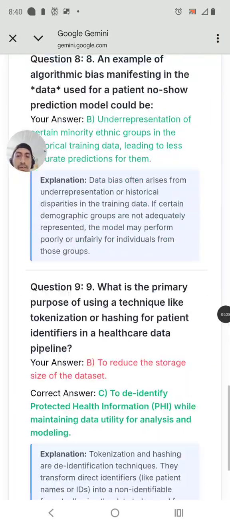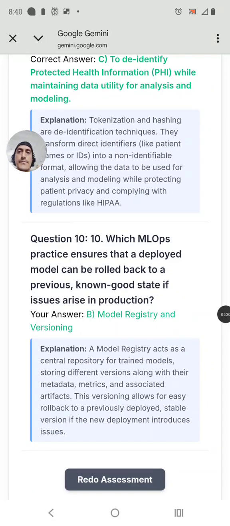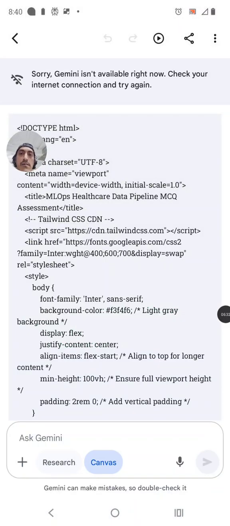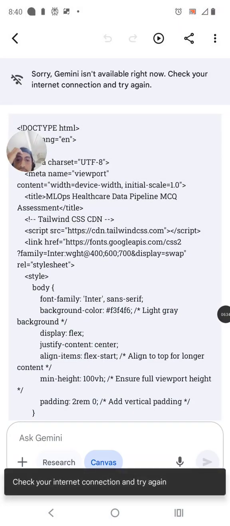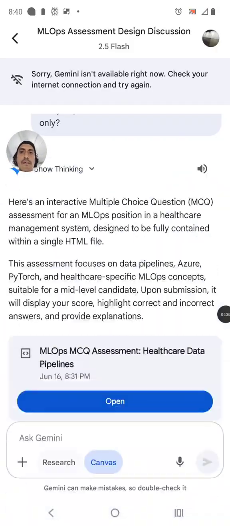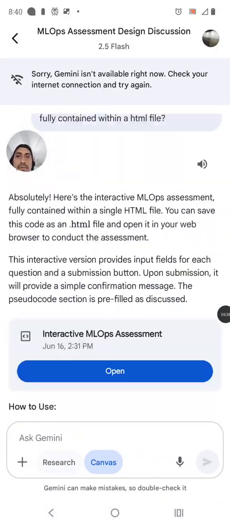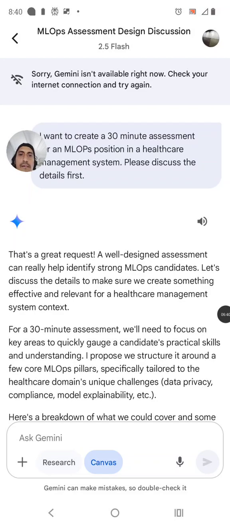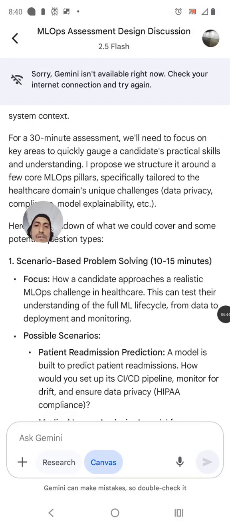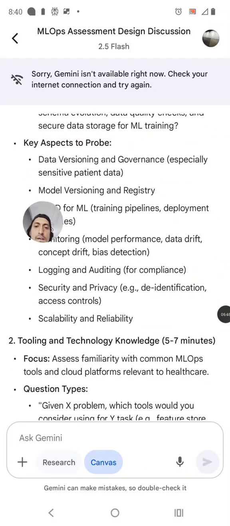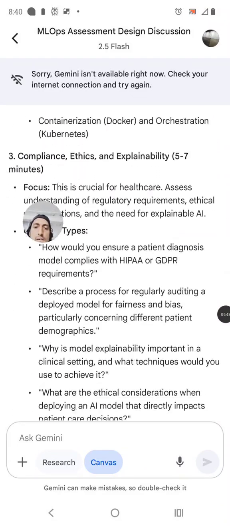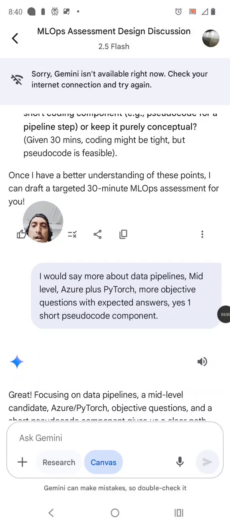So let's see quickly how we used Gemini for this. My original prompt was, I want to create a 30-minute assessment, please discuss details first. Then from that I moved on to follow-up prompts, like I would say more about data pipelines.